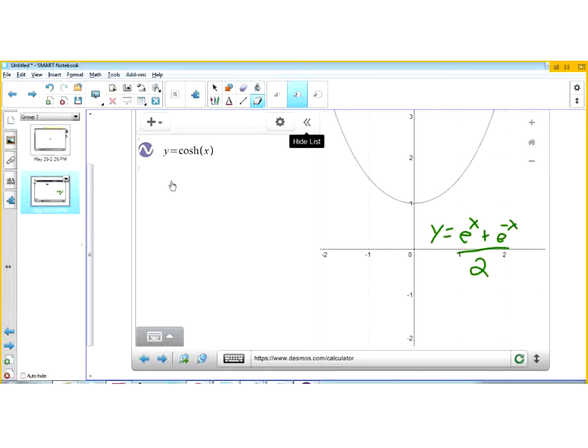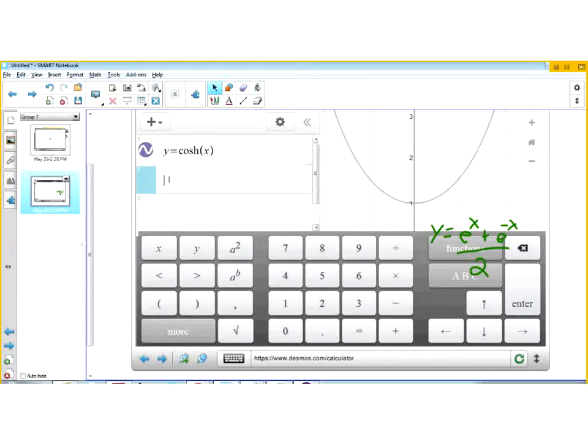Let's graph an overlay of, say, y is equal to e to the x divided by 2, shown in orange. And then the second function, which when summed to the orange curve, is y is equal to e to the minus x divided by 2, and that's shown in black.